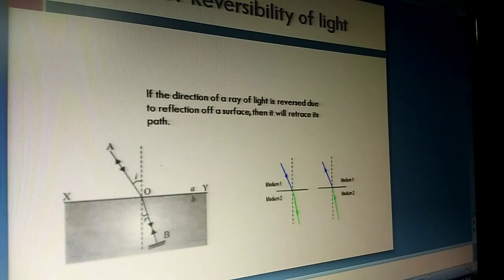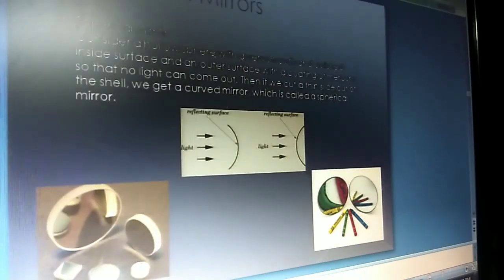Next, coming to the spherical mirrors. Till now we have observed the plane mirror. Now, when you consider a hollow sphere and cut it into two, it comes into a parabolic shape.